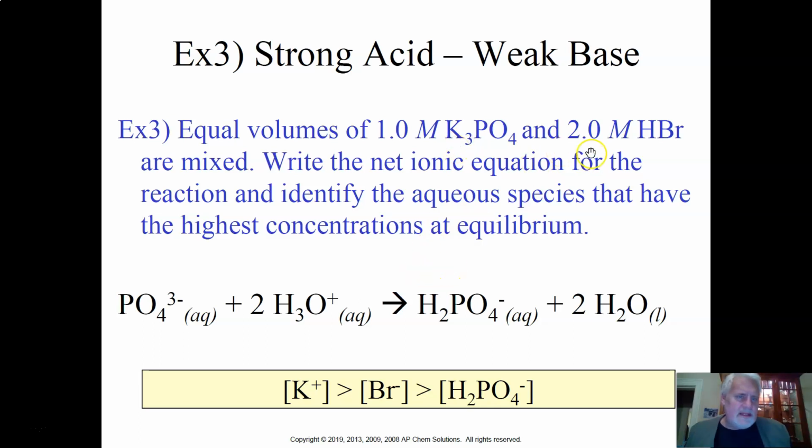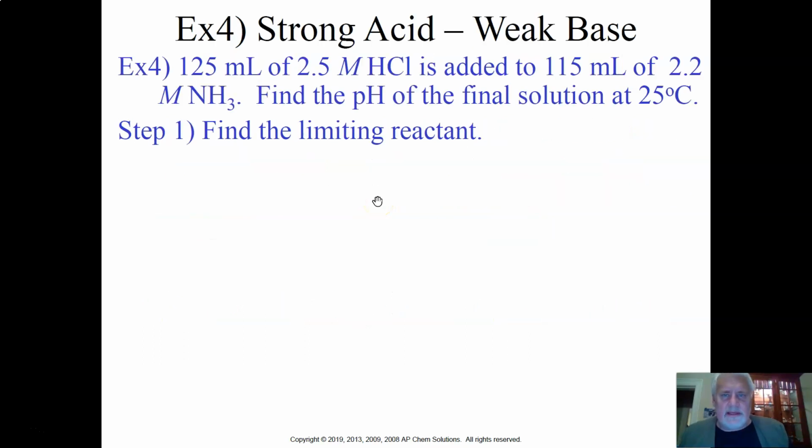And in second place, the bromide would be 2 moles because of the 2 molar right there. And then this would be in third place because of the 1 to 1 to 1 molar. So you could rank those. This would make a really good multiple choice question for a reaction like this.